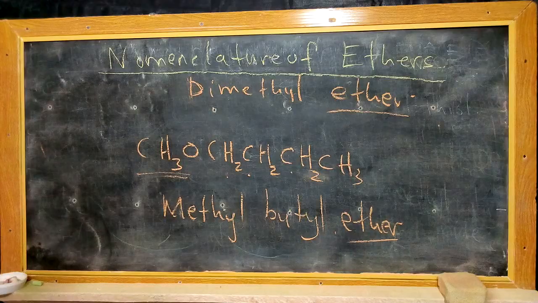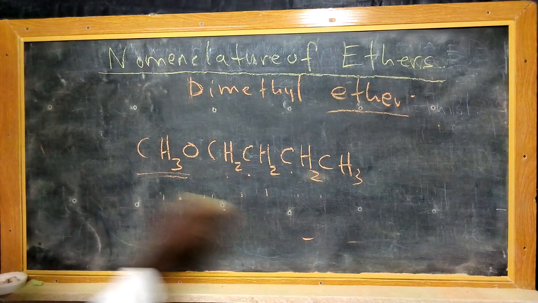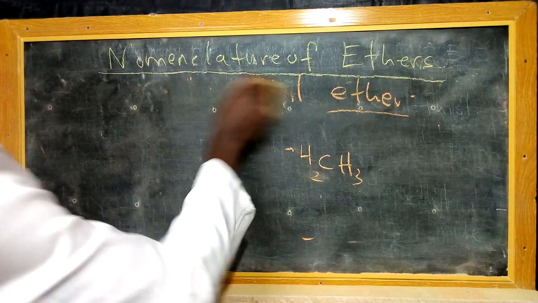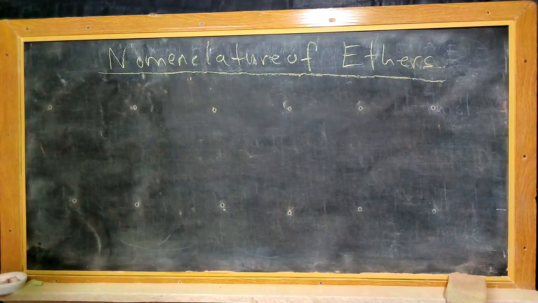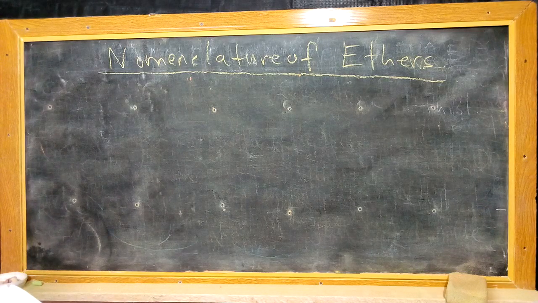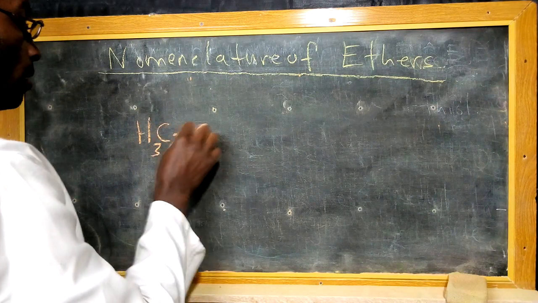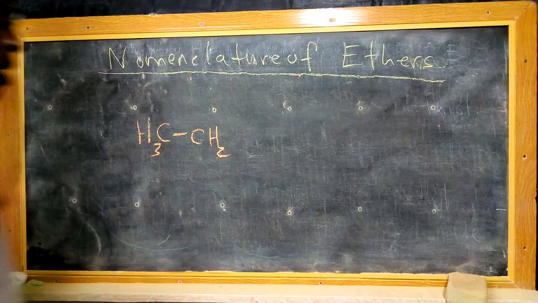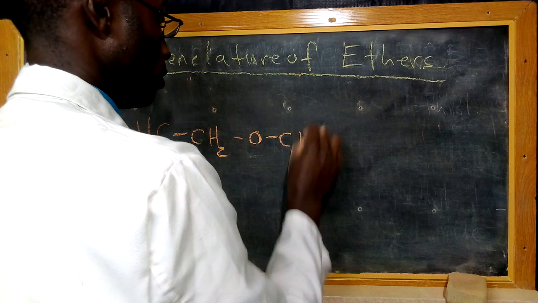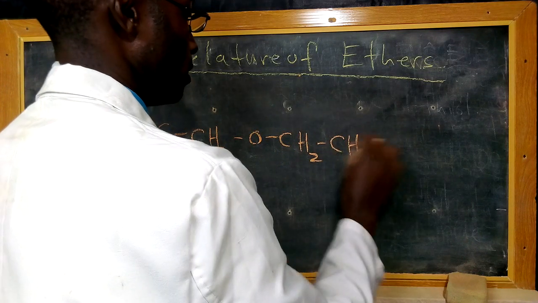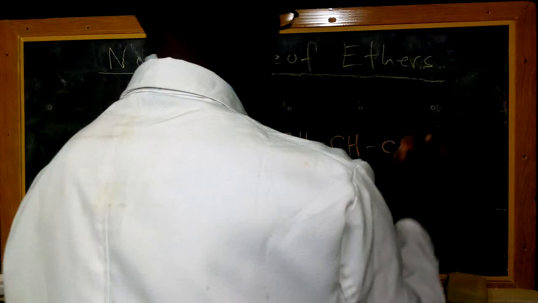Let's look at one example of the IUPAC system that may be used as names besides the common names we have mentioned. In this example, we have CH3, CH2, and then OCH2, CH2, and then CH3.